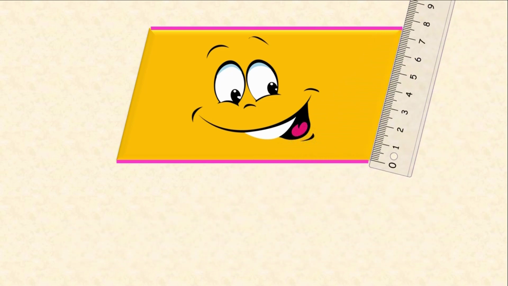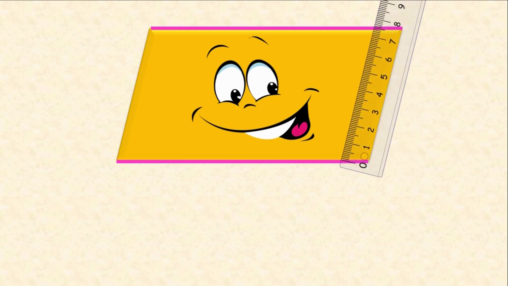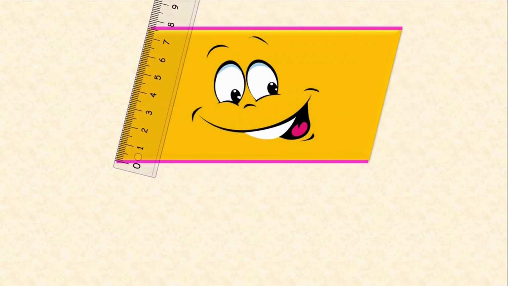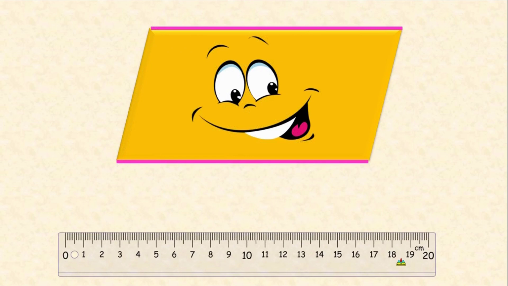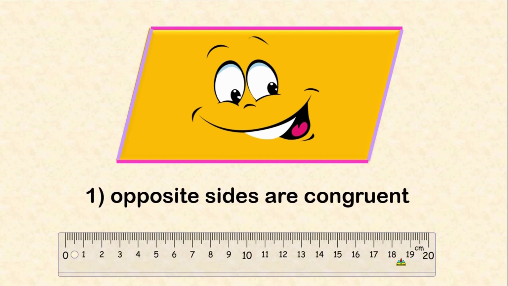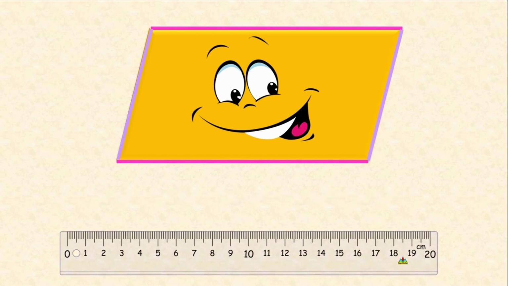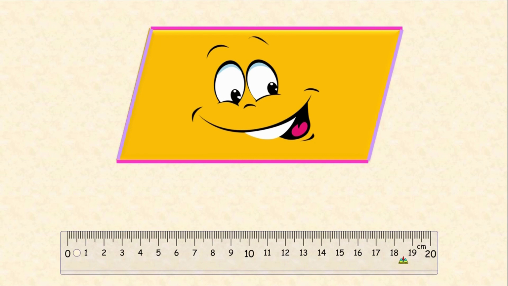Also, the other opposite sides that are depicted with blue lines are equal. So, we can conclude that opposite sides of Mr. Parallelogram are congruent. In addition, opposite sides are parallel, and if we extend those sides, they won't cross each other.